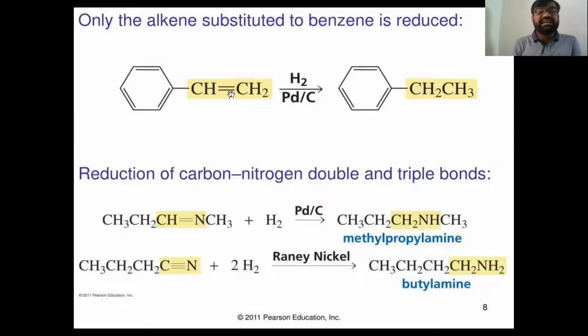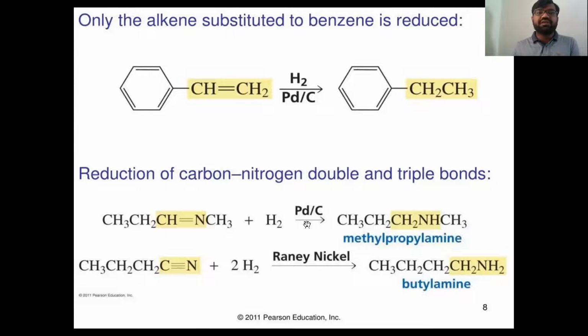This hydrogen gas can also be used to reduce carbon-nitrogen double bond and carbon-nitrogen triple bond to carbon-nitrogen single bond. Let us take this imine where carbon is doubly bonded with nitrogen.